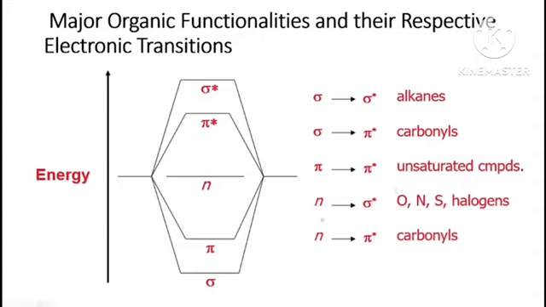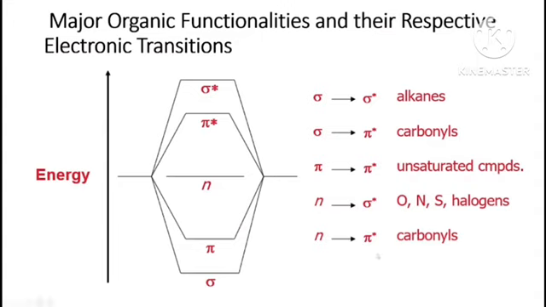And then here we also have the n to sigma star. That is for compounds that contain oxygen, nitrogen, sulfur, and halogens. When we talk about halogens, I think you are familiar with that. The group 7 elements, the chlorines, the fluorines, the bromines, and co.